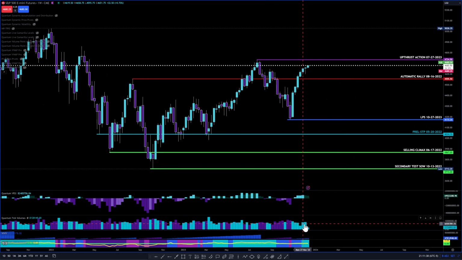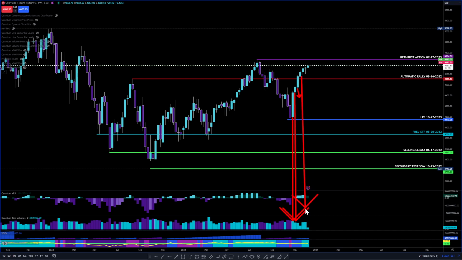Looking at the volume compared to this candle, this candle would be this volume bar, and this candle would be that volume bar. These candles have roughly the same volume, but they're not covering the same distance, so that's anomalous.